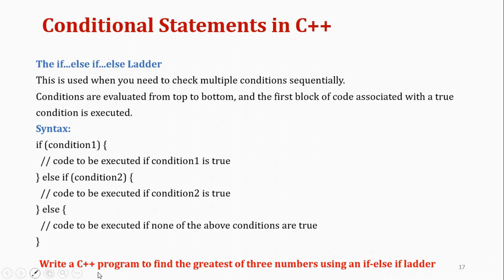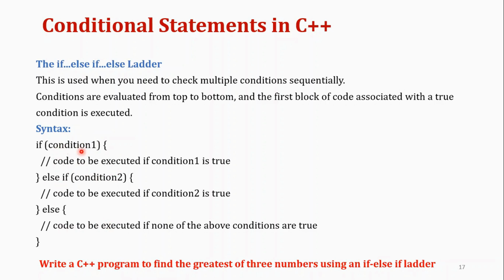Here I used only one else if. Like this you can include as many else ifs as you want, depending upon the conditions. For example, I have three scenarios. Condition 1 is one scenario, condition 2 is another scenario. If both conditions fail, I can go for the third scenario. That is the logic.